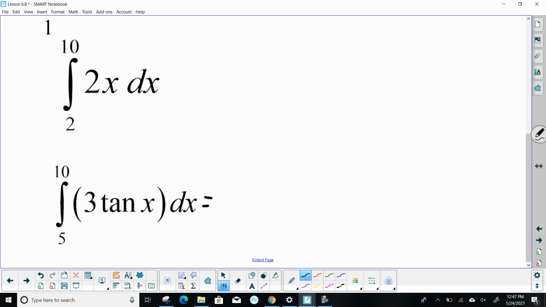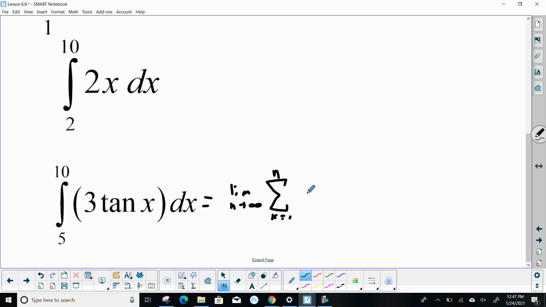We're going to go limit as n approaches infinity of, and we're going from k equals 1 to n.